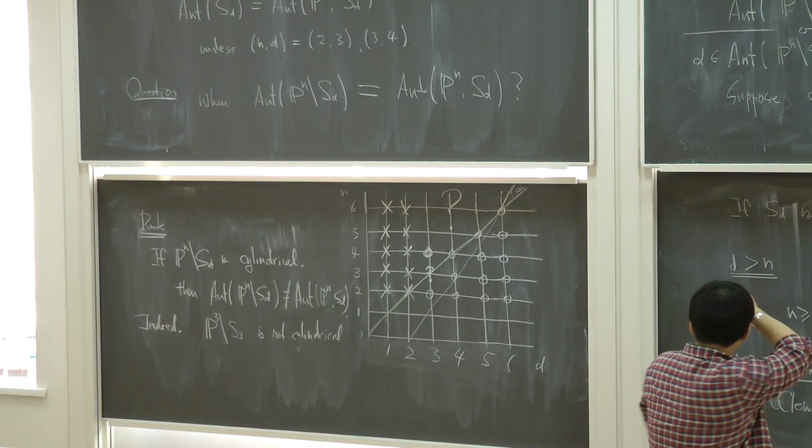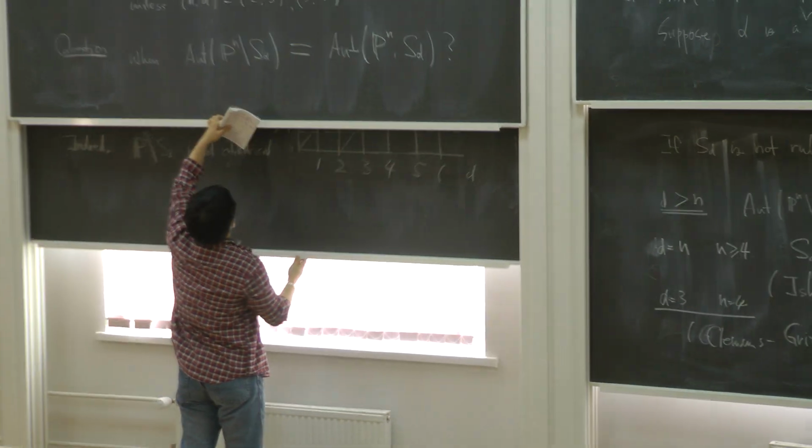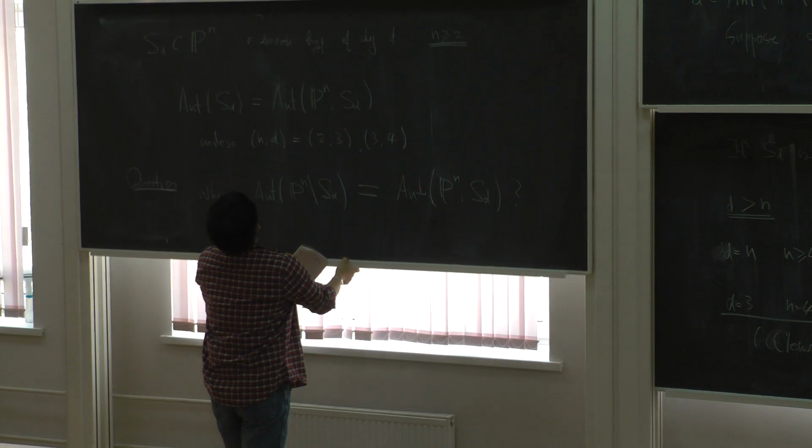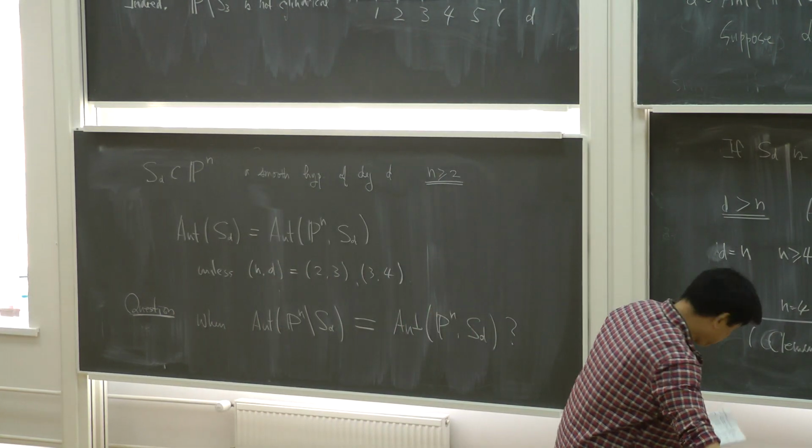All right, so we have this remark, and based on this remark, we can generalize the Zariski-Tuller conjecture in the following way.